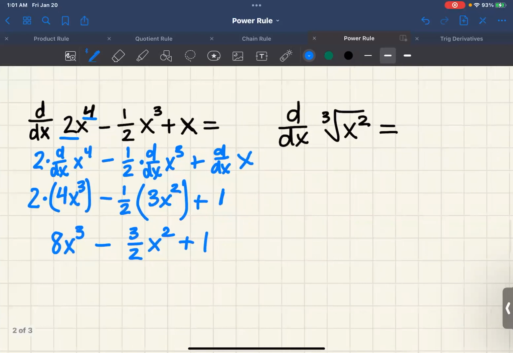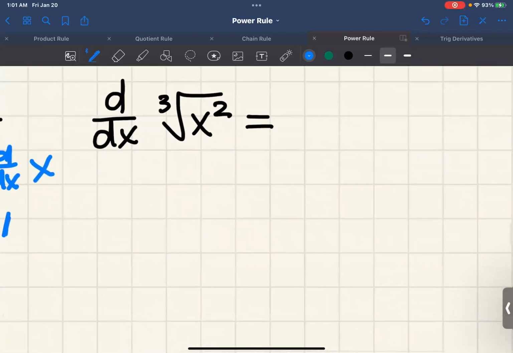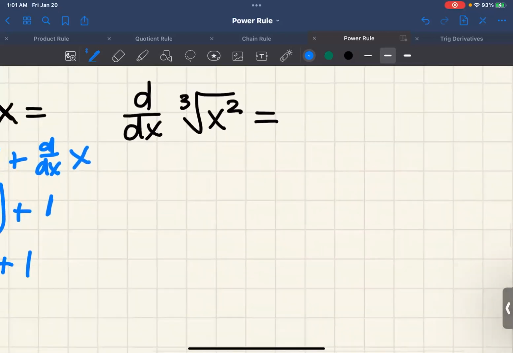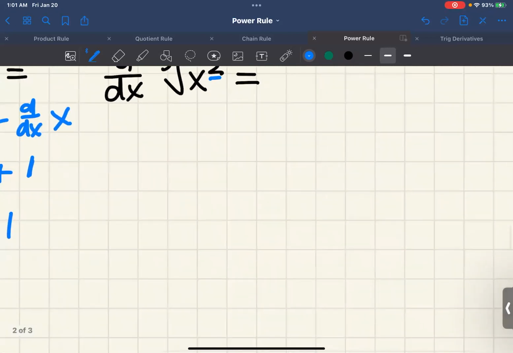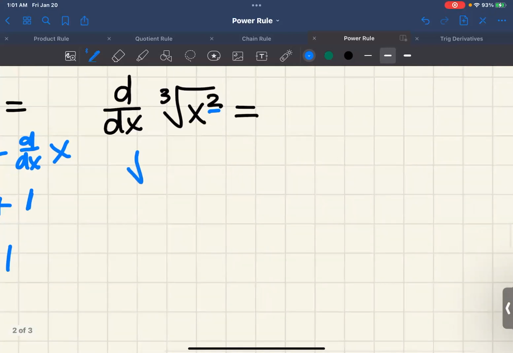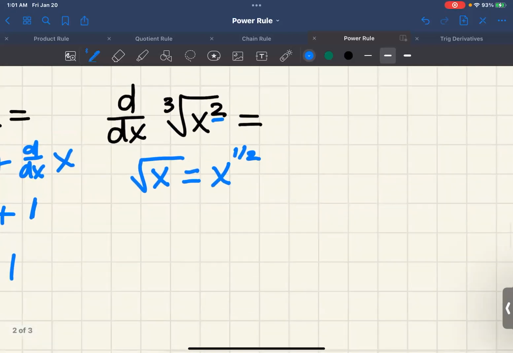Okay, and then we can look at this one now. So this is one of the ones where you have to change the form because we don't really see this as just a power. I mean, we have the 2 right here, but it's not really in a form that we can take the derivative of yet. So when I do these, I like to think back to what I know, that square root of x is x to the 1/2. And I compare that to what I'm given. So this is like that.